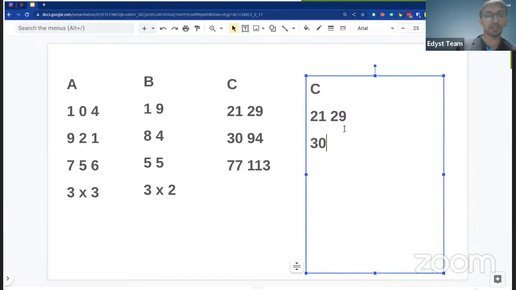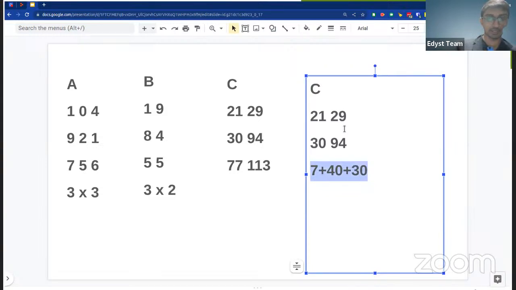30. Very good. Then 9 into 9, 81 plus 2 into 4, 8 plus 5. So this is going to be 94. Then you have 7 into 1, 7 plus 5 into 8, 40 plus 6 into 5, 30.